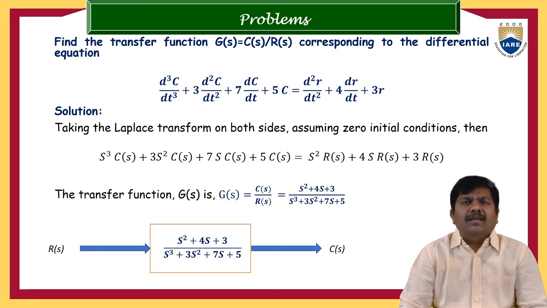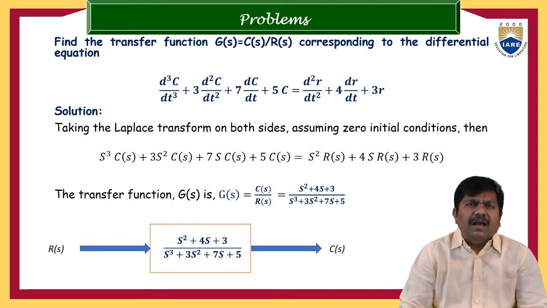So this is a third order differential equation. Of course, c and r are given without brackets, but it is immaterial; we can say that c and r are definitely time dependent functions. So don't worry about whether c of t is given or just c.